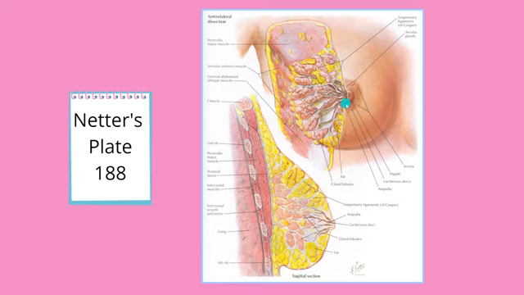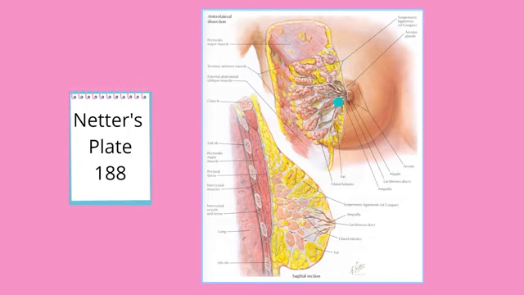If you look at the nipple, there are about 15 to 20 openings. There's also a small dilation of the duct, the lactiferous sinus or ampulla, before it terminates. Each ampulla has its own gland that opens separately at the nipple.